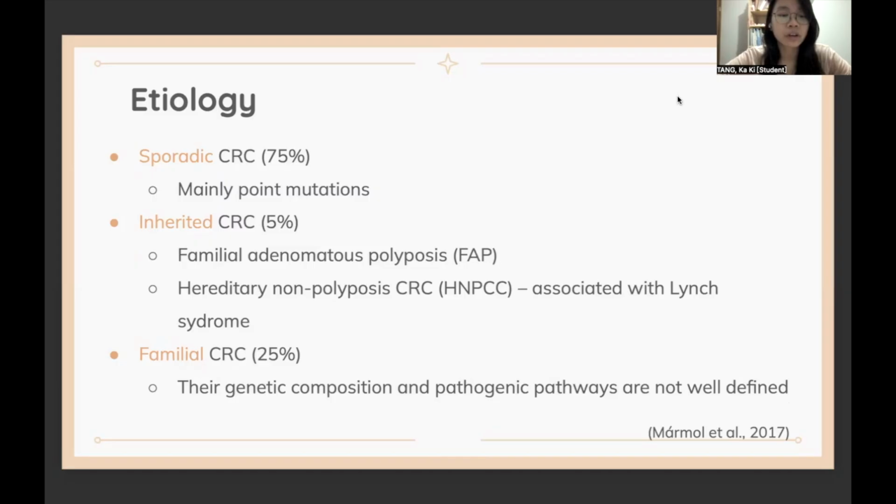Inherited colorectal cancer is related to the inherited gene and can be subdivided into familial adenomatous polyposis and hereditary non-polyposis colorectal cancer. And familial colorectal cancer is also related to the inherited gene. However, their genetic composition and pathogenic pathway are not well defined.